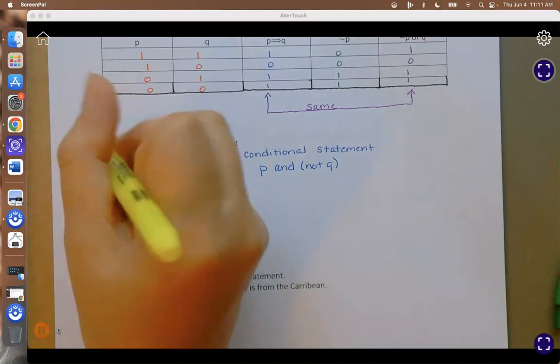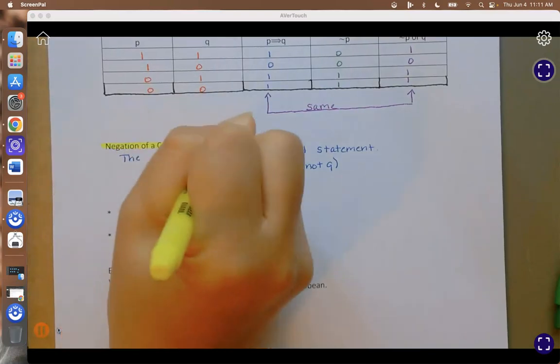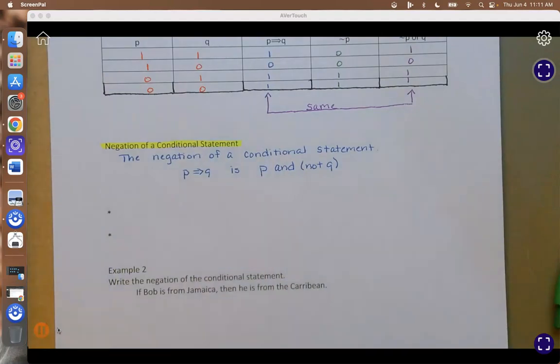Okay, so if they ask you to negate an if-then statement, you leave the first piece alone, make it an and statement, and make the consequent negated.